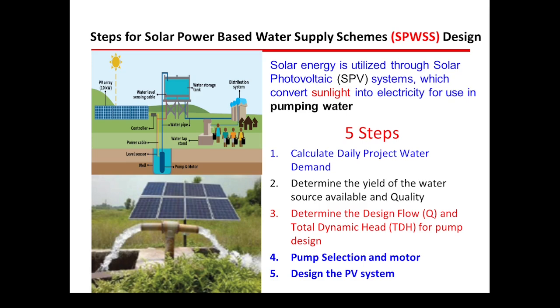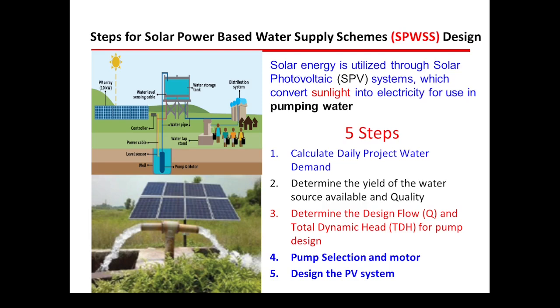There are 5 steps in carrying out this exercise of designing a solar power based water supply scheme. First of all, let us understand that solar power is utilized through solar photovoltaic (SPV) systems, which convert sunlight into electricity for use in pumping water.